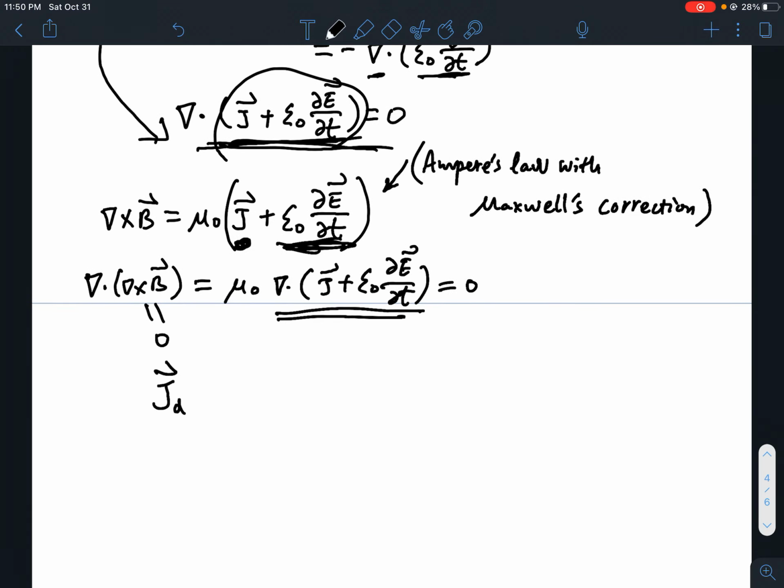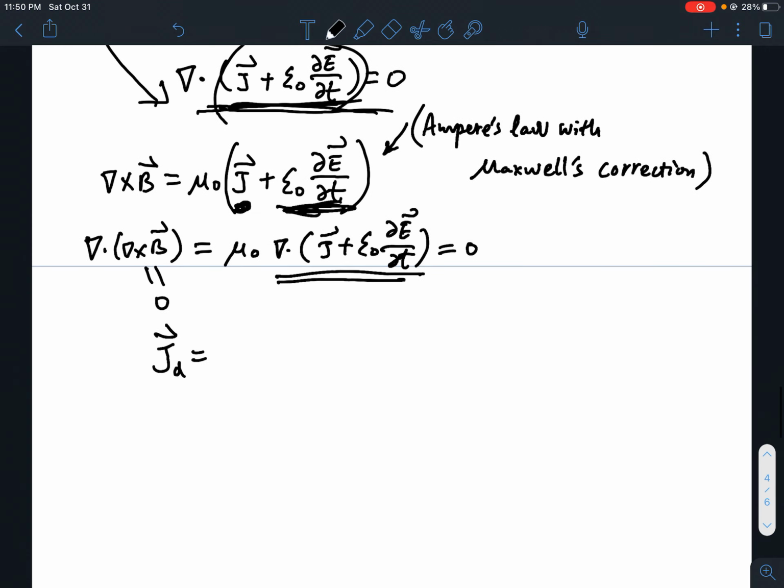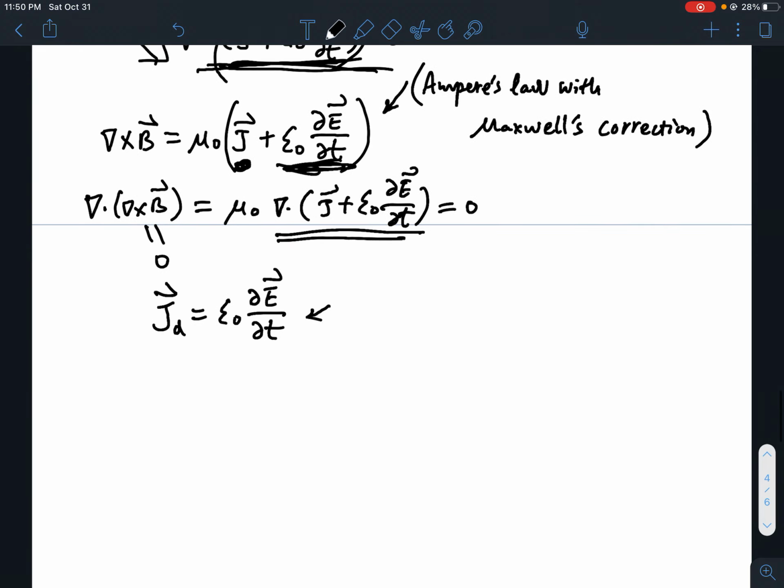So sometimes we use J_D to indicate that it's really partial E over partial t. This is sometimes called displacement current, or some people call it Maxwell's displacement current.